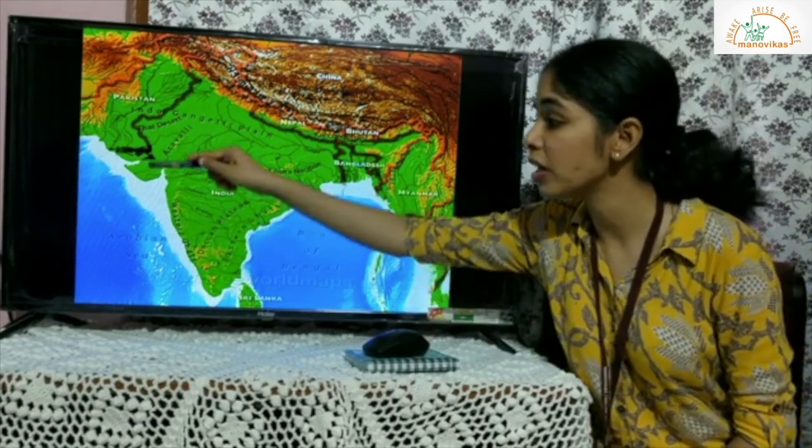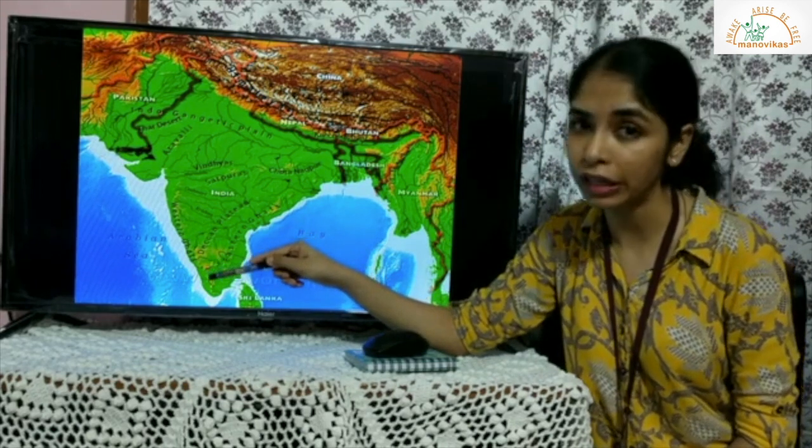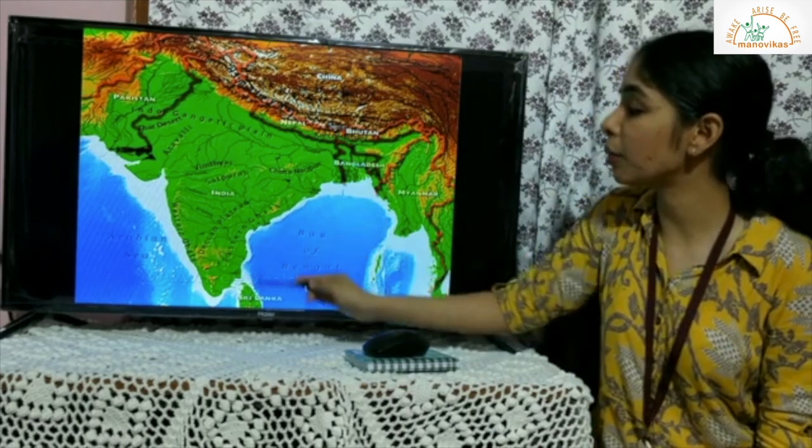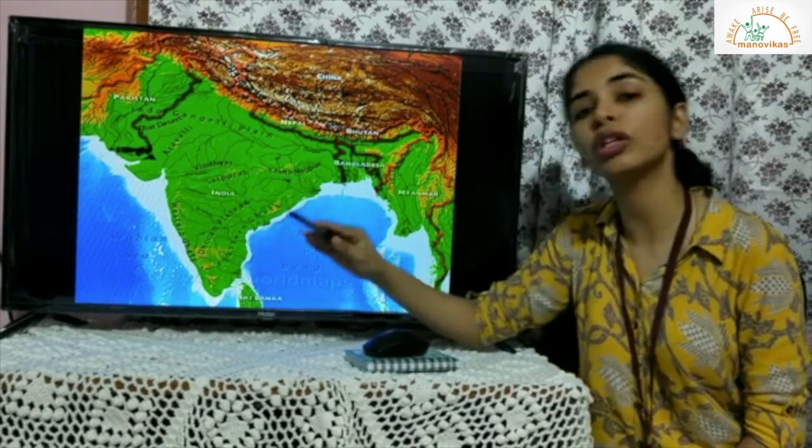Towards the west, it's completely surrounded by the northwestern branch of the Indian Ocean, that is the Arabian Sea. Towards the east, it's completely bound by the Bay of Bengal, and towards the south, it's surrounded by the Indian Ocean.